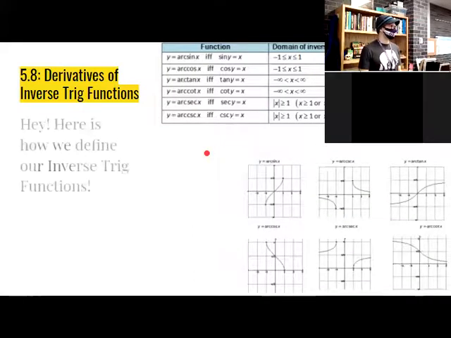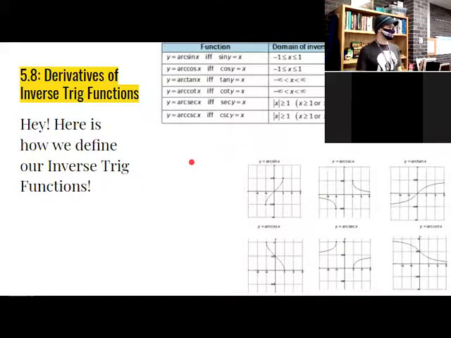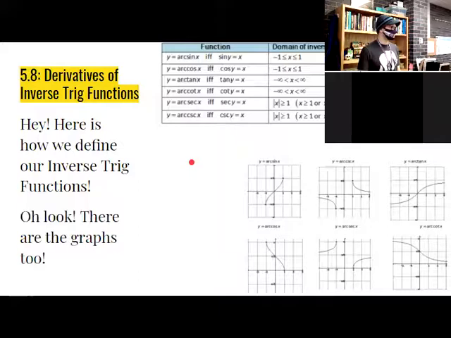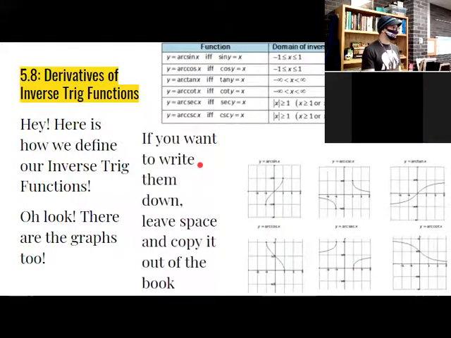Okay, so here are our inverse trig functions. I don't expect you to write them down. If you really want to write them down, there are graphs over here too. Leave space and copy it out of the book. It's not super important to know these things.